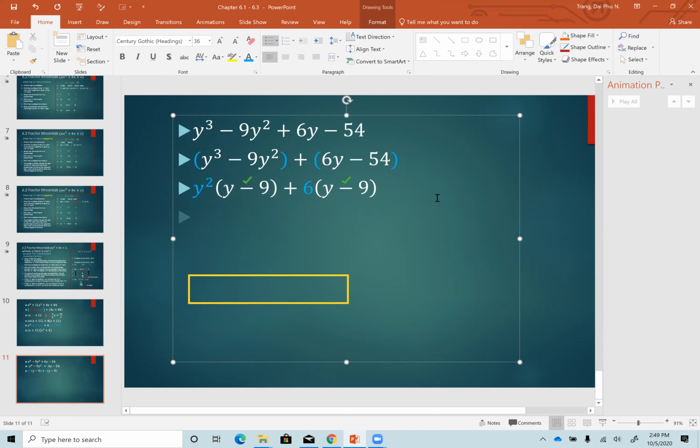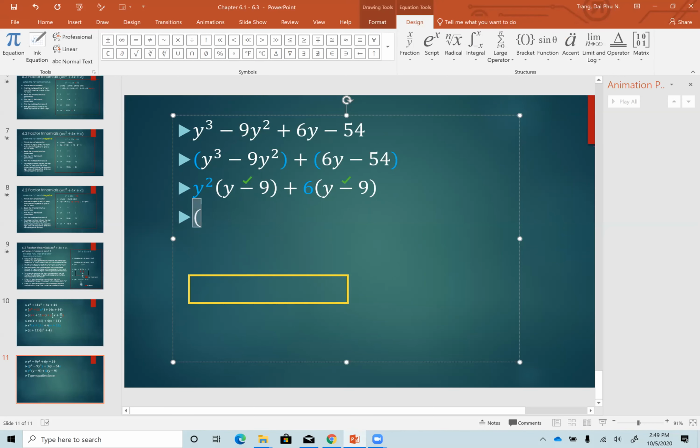Okay, and if you have exactly the same item in your parentheses, what do we do? All you need to do is take your item, in this case y minus 9, outside. And what is left, if you took that out, the leftover will give me y to the second plus 6. Everybody see that?